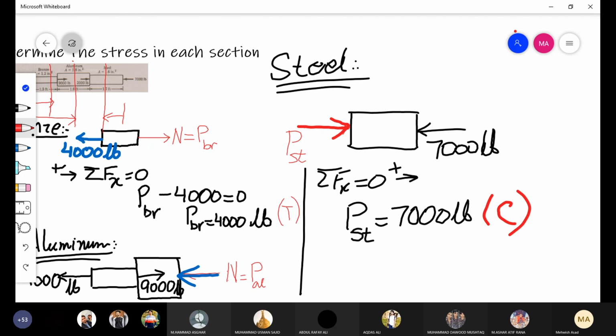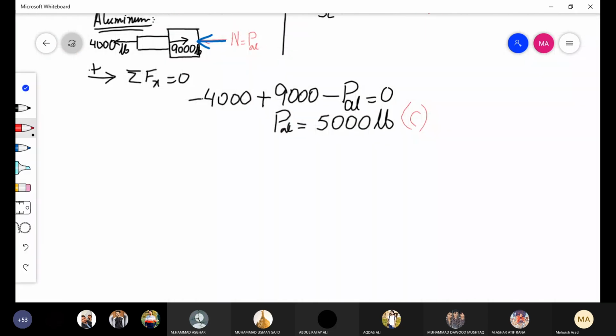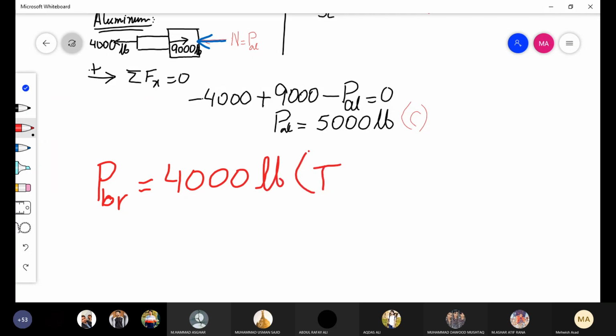But mainly we need to determine the internal stress in each section. So the second step is to find out the stresses. So first of all, we will write our results. PBR is 4,000 pounds, and this is tensile force.